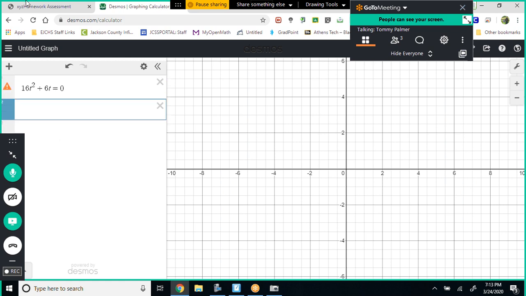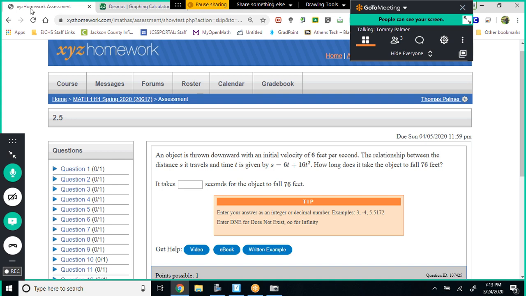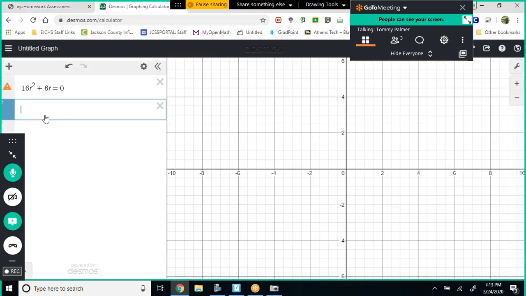And then I'll take this one. We wanted to know how long it took to hit what, 76 feet? So we could do 76 and just hit enter. And what you should do, why is it doing that? We can only support explicit equations x, y. Okay, so you can't use t. Sorry. Backspace x, backspace x.